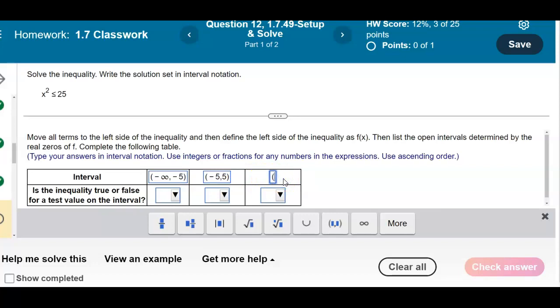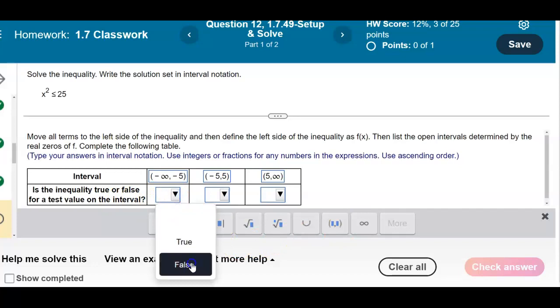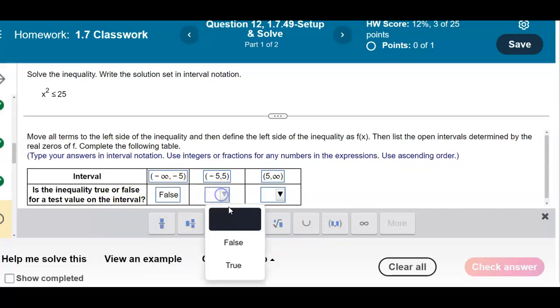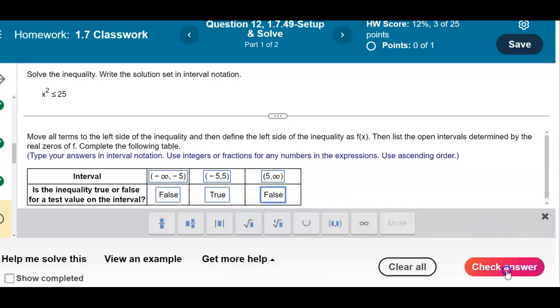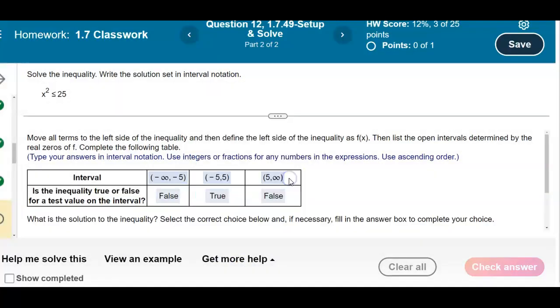And the last one, we have parenthesis 5, comma, positive infinity with a parenthesis. We determined that it was false for the first, true for the second, and false for the third. Let's check our answer, and there is our result.